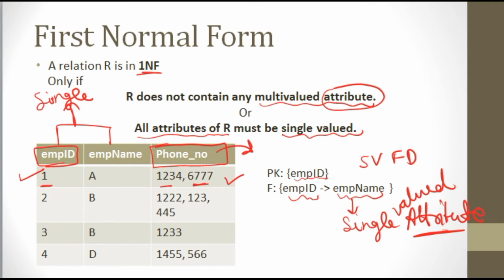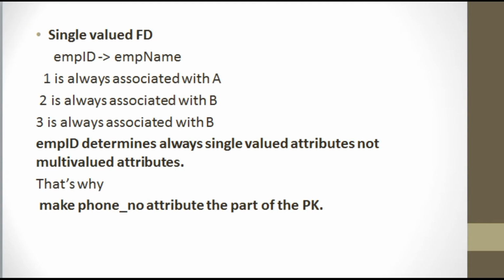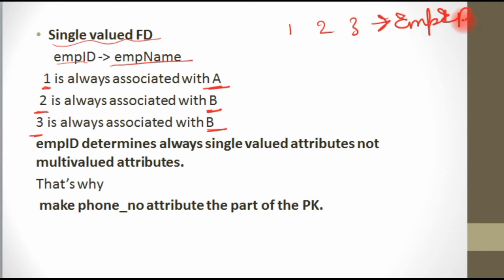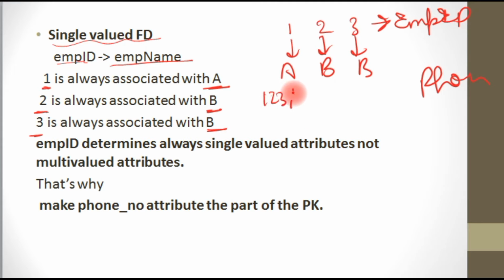So see the next slide. In this slide, the single valued functional dependency is employee ID determines employee name, because for the value of employee ID 1, there is always A, for 2, there is always B, and for 3, there is always B. So we can say that 1, 2, and 3, all the values of employee ID, map to a single value, that is A, B, and B. But here if you see phone number, there are multiple values like 1 2 3, then 4 5 6.